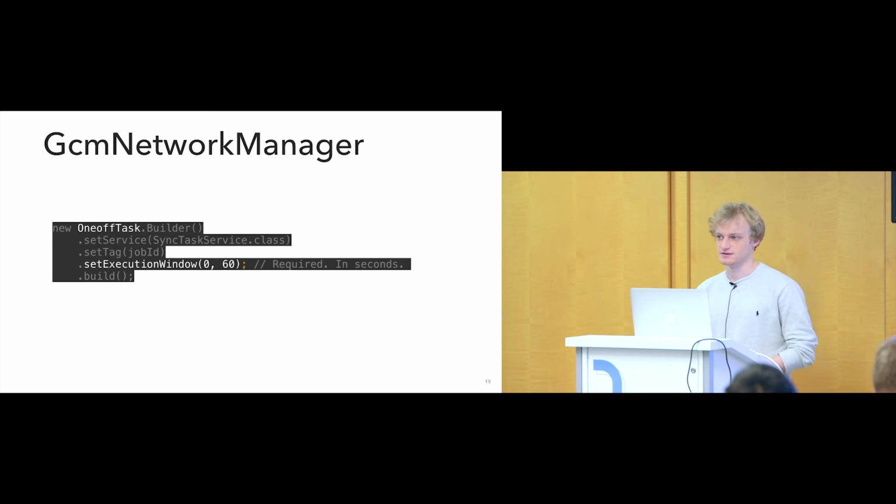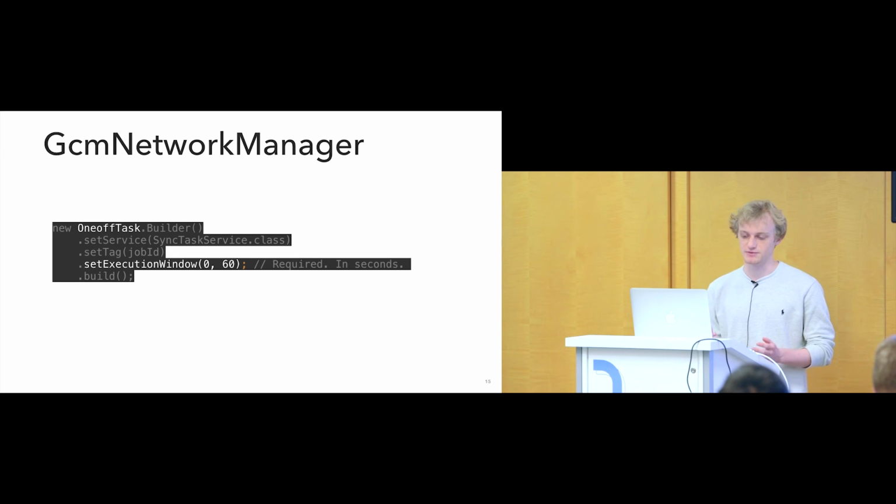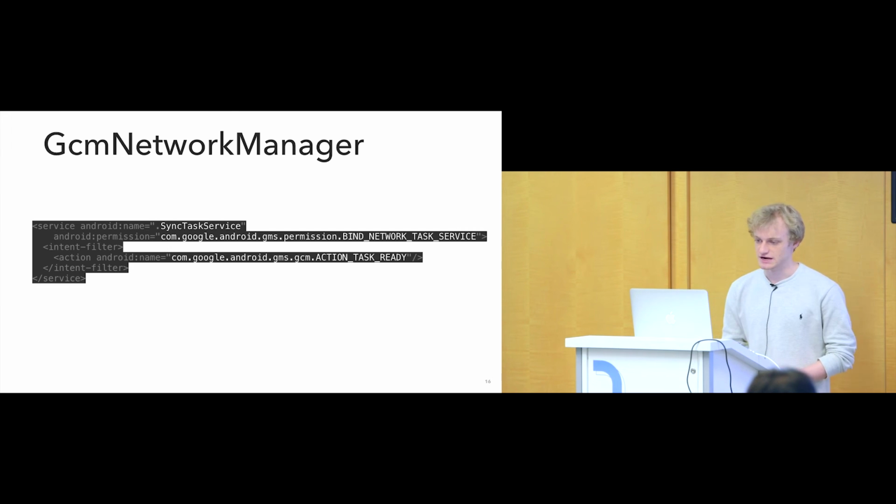So in this case, this task needs to be executed anytime from right now to within 60 seconds. That's a very quick amount of time. You'd probably have larger values.